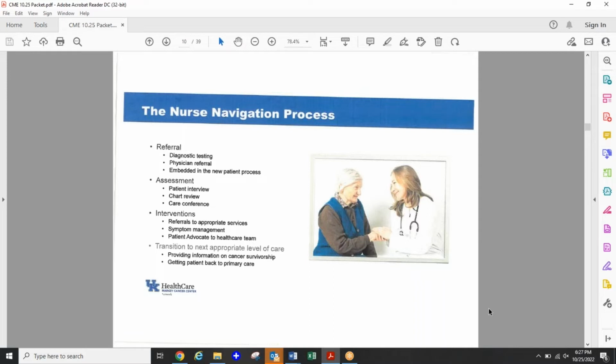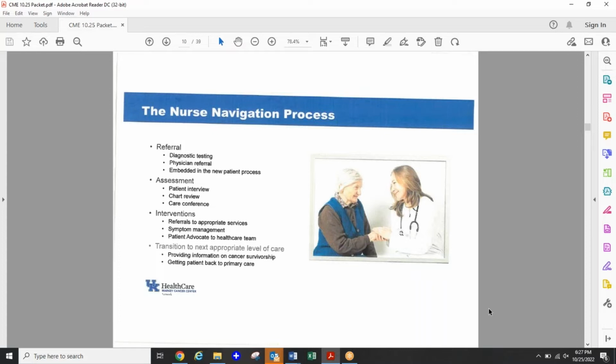In survivorship, it's very important to deal with late-term effects of treatment, late-term effects of the disease itself, and get them connected for appropriate follow-up care and screenings for other cancers. At TJ, we have an excellent survivorship program that my friend Melanie runs, and we're very proud of it.